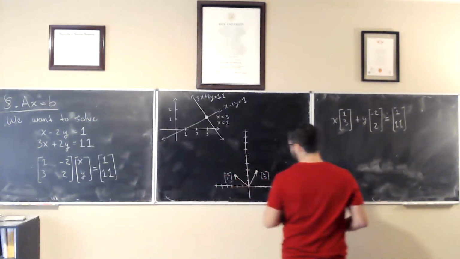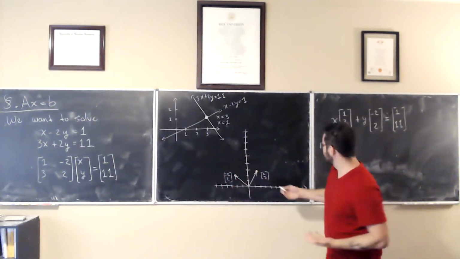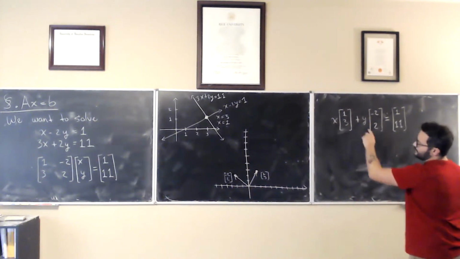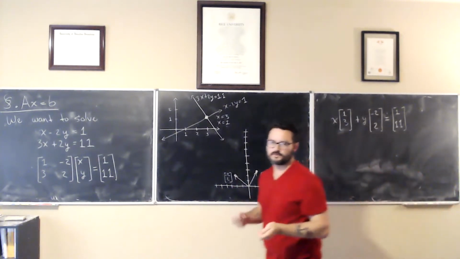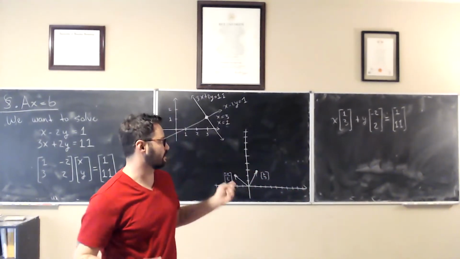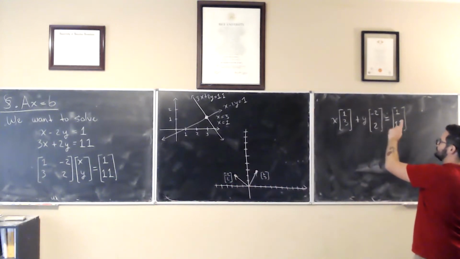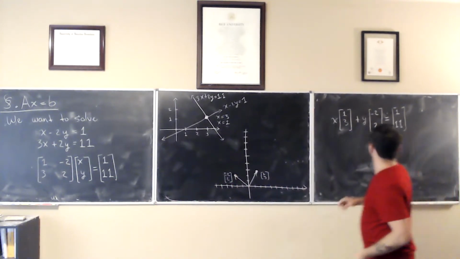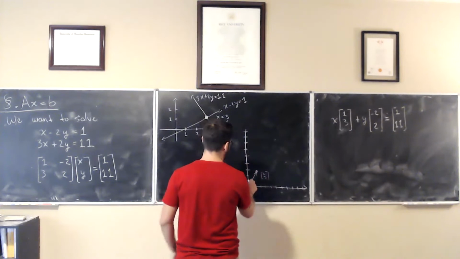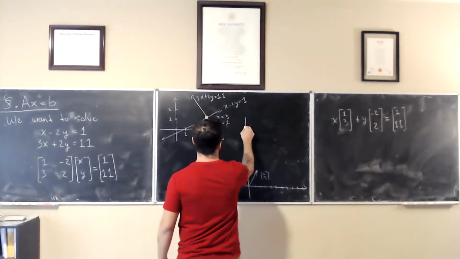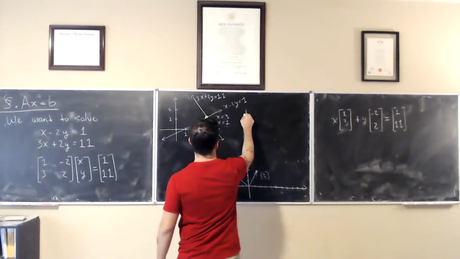A solution here, what is it trying to say? Well, x and y are just going to be scalar numbers. They're just going to scale the vectors x and y, and they're going to want to be added to this vector. So where is that vector? 1, 2, 9, 10, 11.